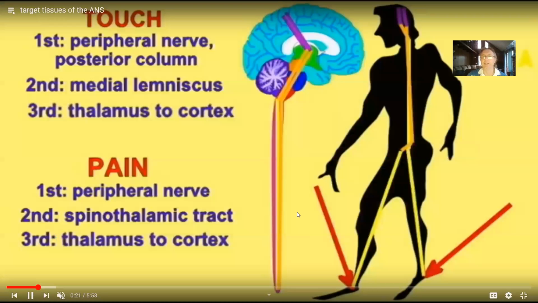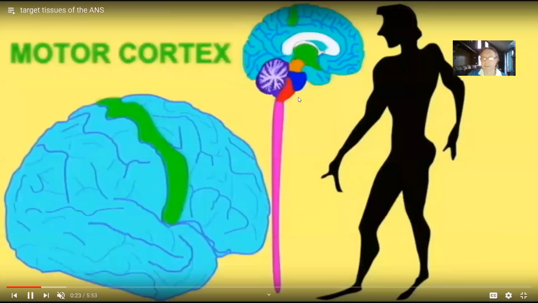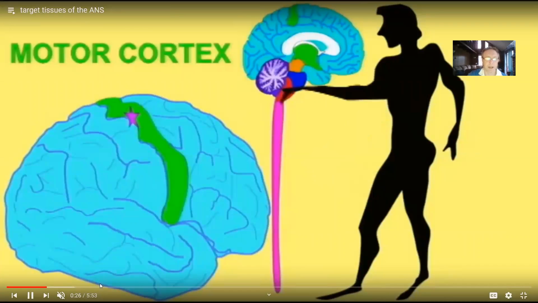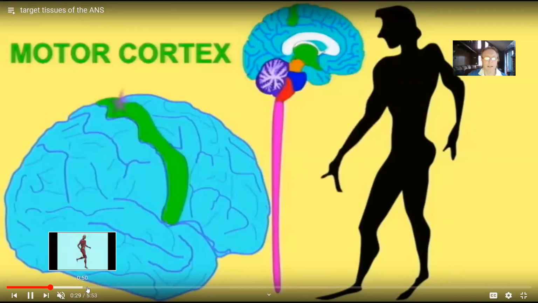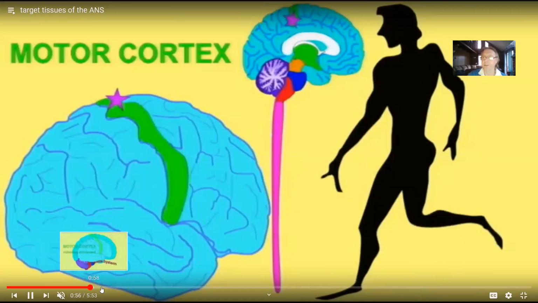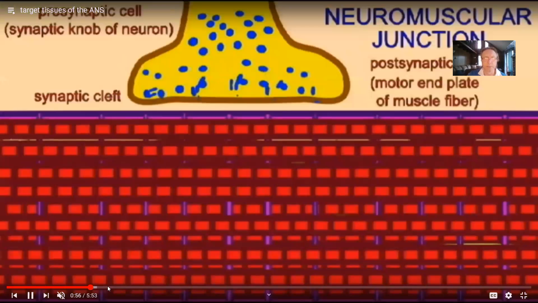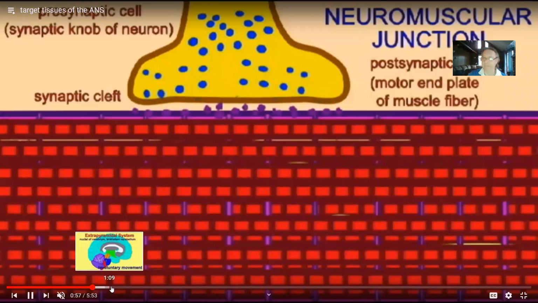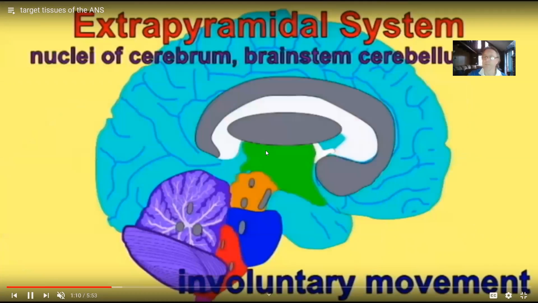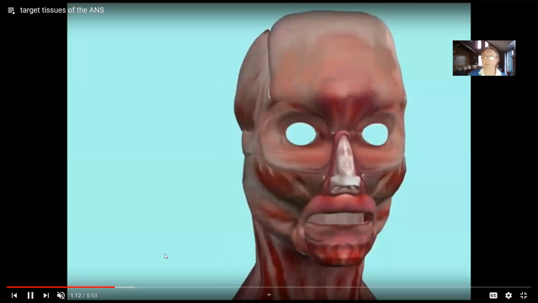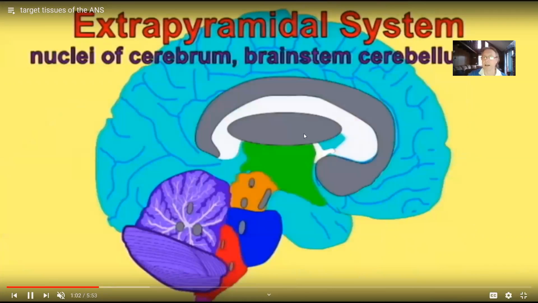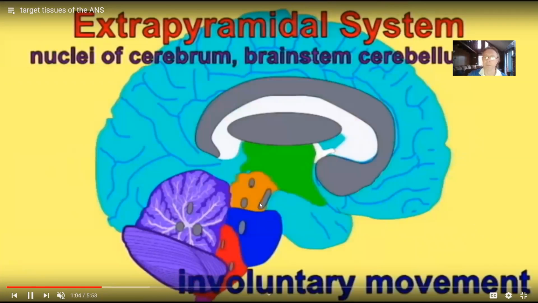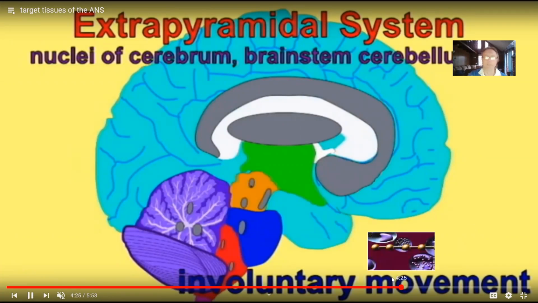Once again, our central nervous system has this sensory division for information coming in, the motor division for skeletal muscle. Now, some of this control is voluntary, some is involuntary, as the extrapyramidal system with its nuclei deep in the cerebrum and the cerebellum and the brainstem would have.